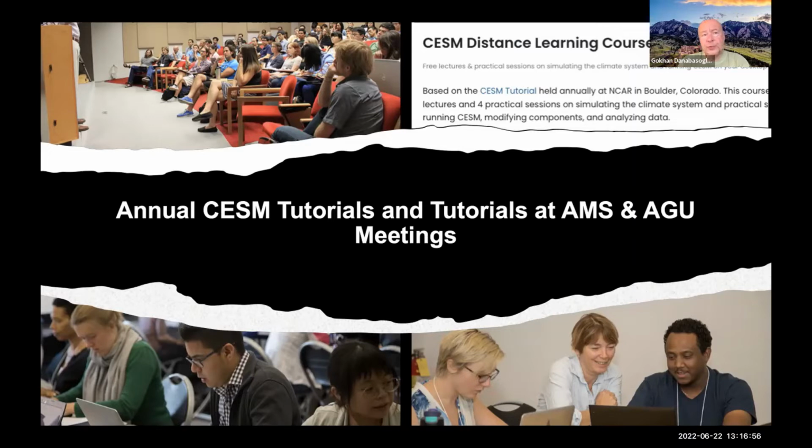The annual tutorials are limited to 80 people, and the AMS and AGU meeting tutorials depend on demand, but we generally get about 50 to 100 early career scientists or graduate students. These primarily target early users of the CSM model.